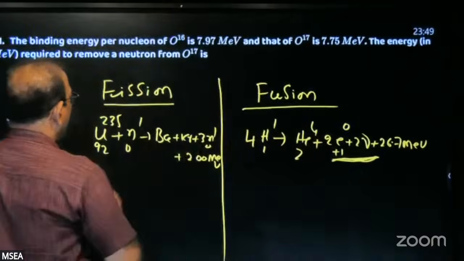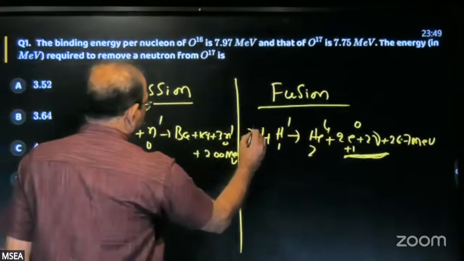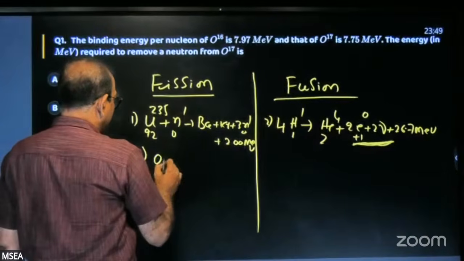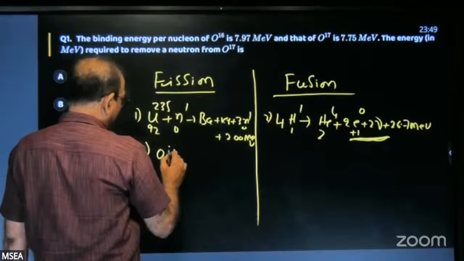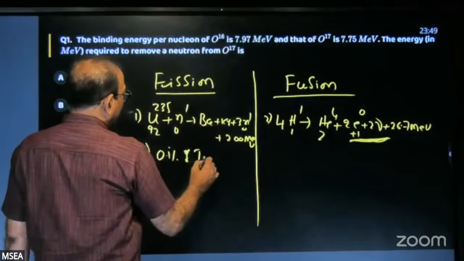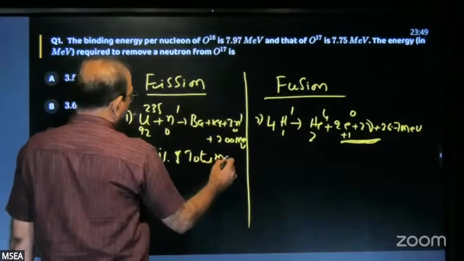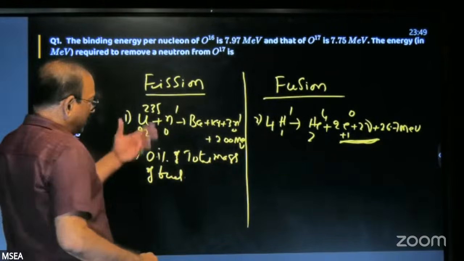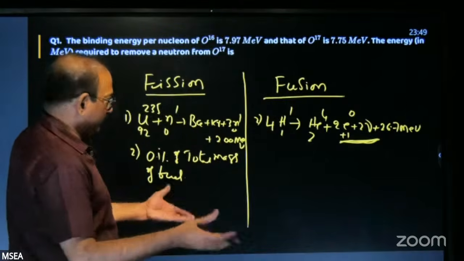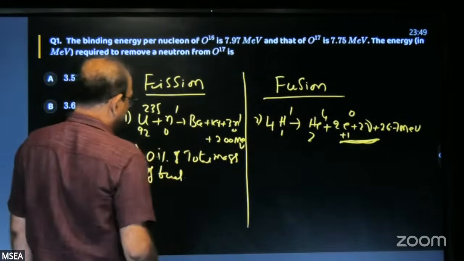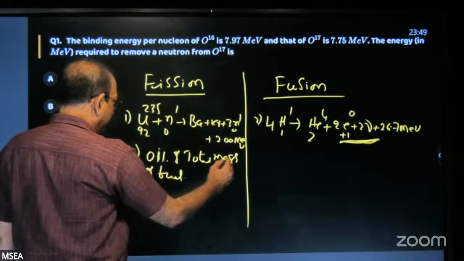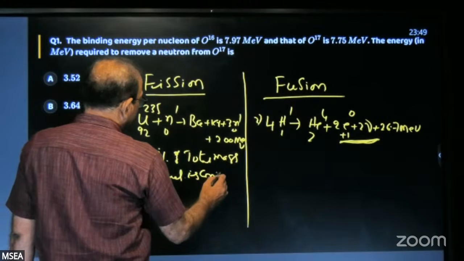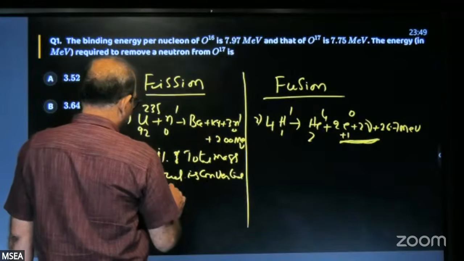Okay. Now, mass destruction. In a fission reaction, 0.1% of the total mass of fuel is converted into energy. Fuel means the fissionable material, uranium or whatever you are taking.